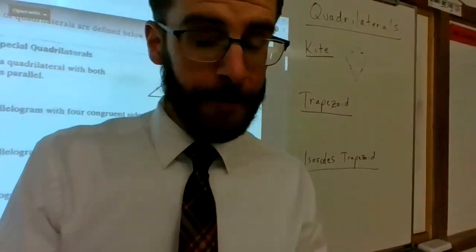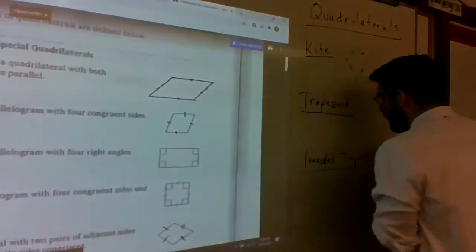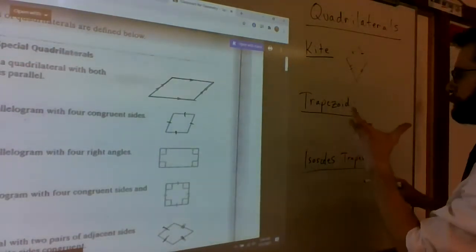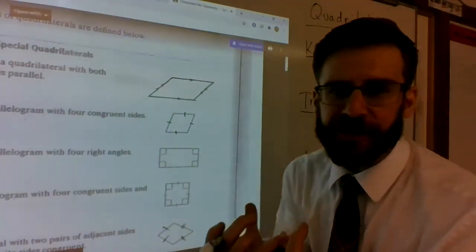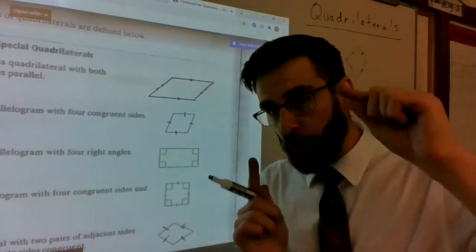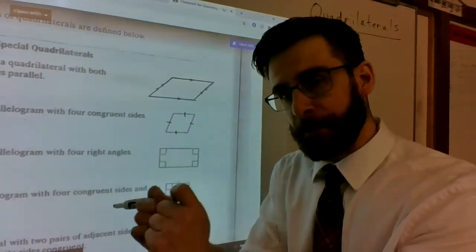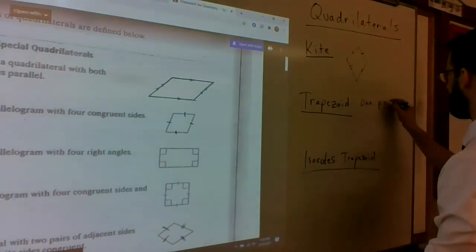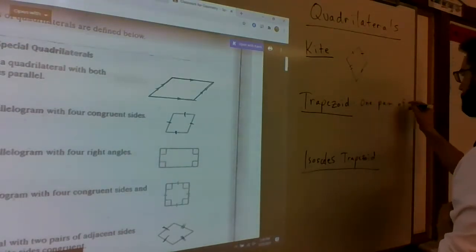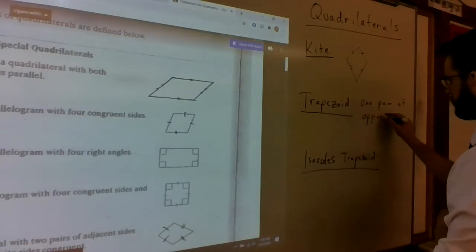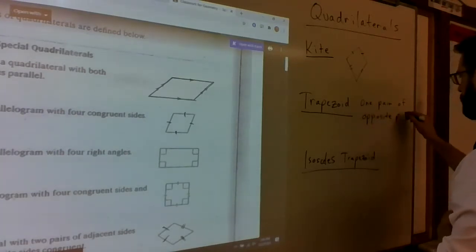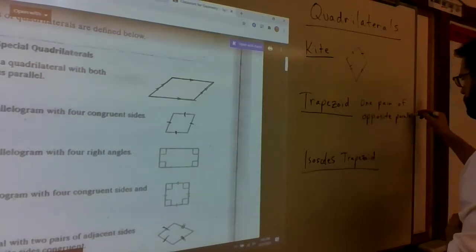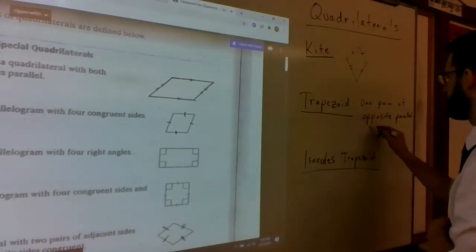Now a trapezoid pretty much just means it isn't quite a parallelogram. It has one pair of opposite parallel sides.